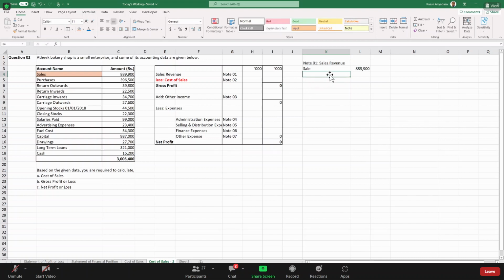Right? And there could be some sales return. We have sold goods, but now our customers are returning them back, which is called sales return. Another word for sales return: when we have a sale, the goods are going out and the return goods are coming in. So returns inwards.